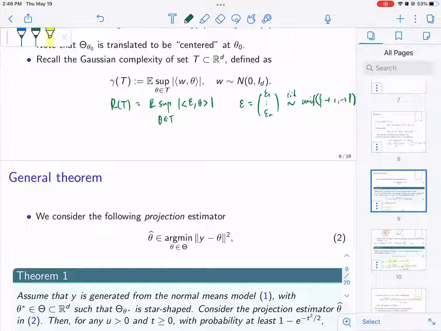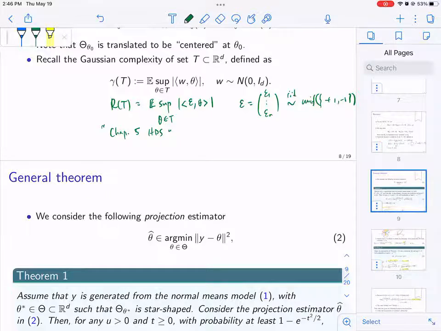It has zero mean. There's a close relation, and there are some nice exercises in chapter 5 of HDS that compare them. Maybe I should assign those exercises to compare these two. But this is very useful in empirical process theory because of the technique called symmetrization.